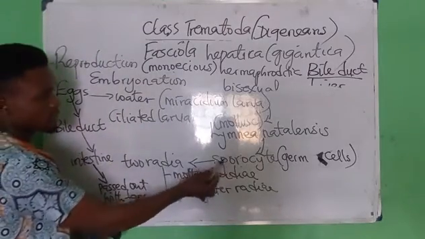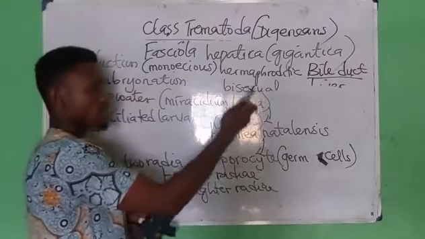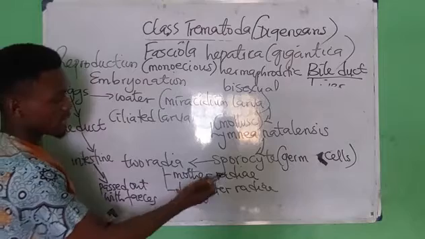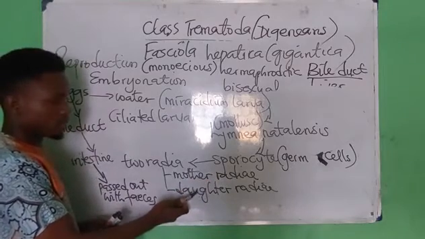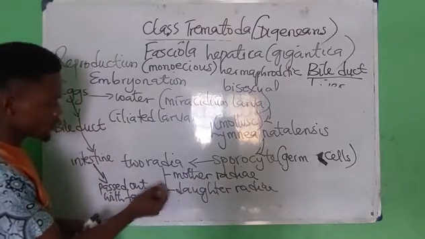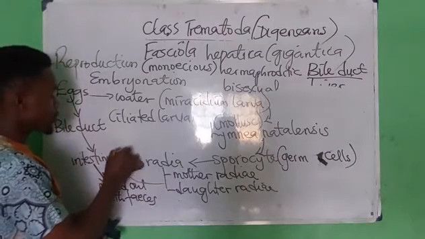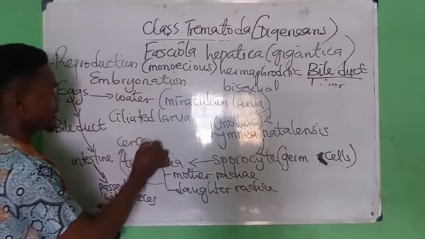The sporocyst contains germ cells. After 2 to 3 weeks, it develops into 2 radia, which are the mother radia and what? The daughter radia.